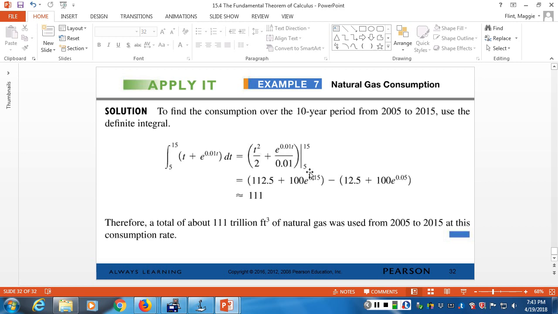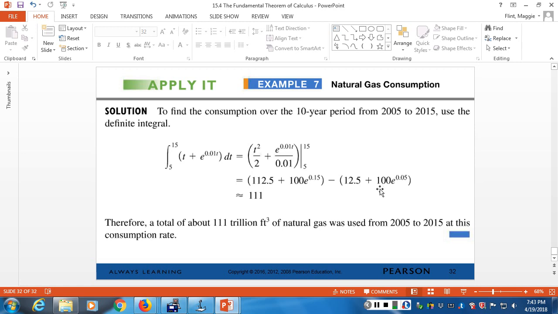So we're going to plug in 15 squared over 2 plus e to the 0.01 times 15 divided by 0.01, and the first part should come out to be 112.5. And then we're going to plug in 5 squared over 2 plus e to the 0.01 times 5 divided by 0.01.